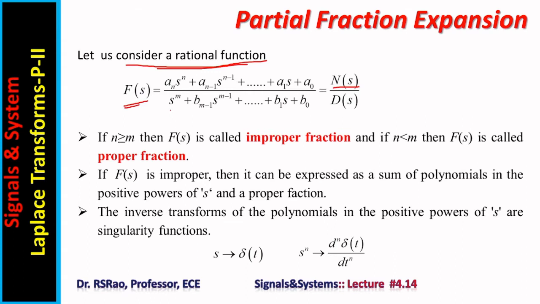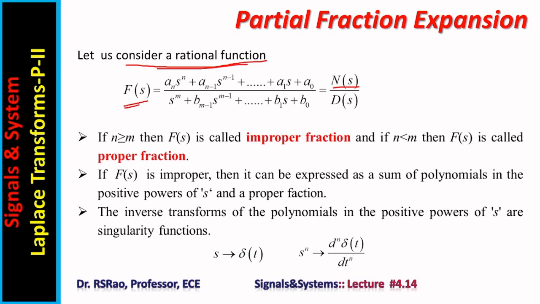It is s power m plus b m minus 1 s power m minus 1 plus etc. plus b1 s plus b naught. It is the mth order polynomial. It is designated as D of s. So F of s is numerator polynomial N of s by denominator polynomial D of s. n and m are orders of the polynomials N of s and D of s.